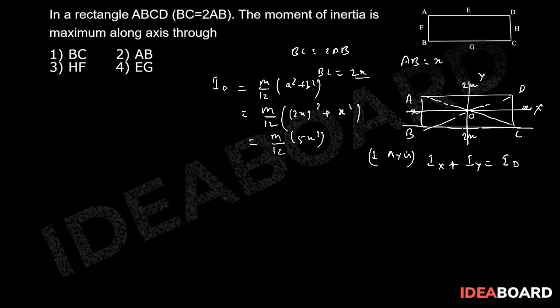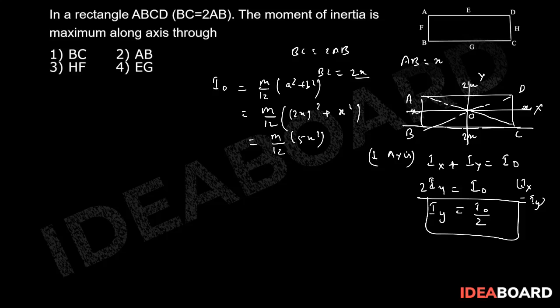Both will be the same, so 2Iy is equal to I0, as Ix equals Iy, such that Iy will be I0 by 2.